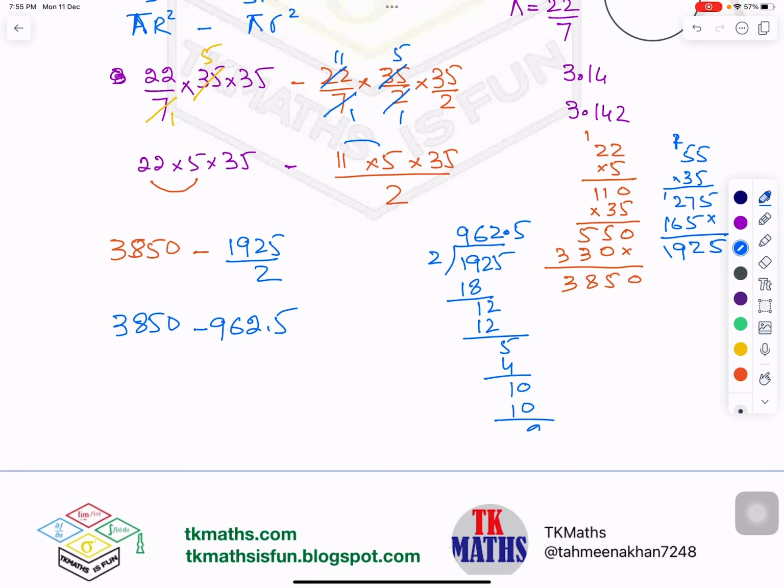Let me change the color. So it is 3850 minus 962.5. You know, when there is no decimal seen, it is actually at the end. Agreed? So now I will borrow from here.